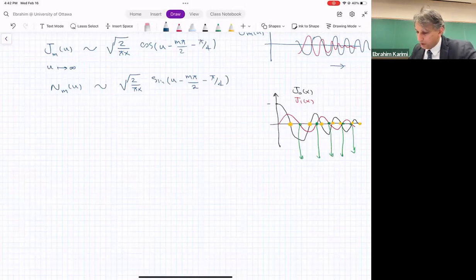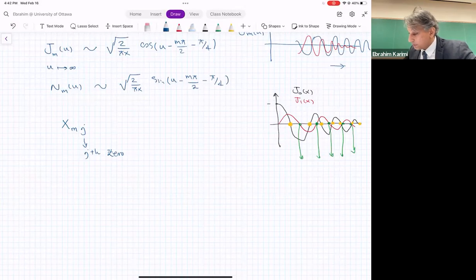So we label them by, let's say, x. One index will be m, indicating which Bessel function we are talking about. And the other index, let's call it j, means the j-th zero.